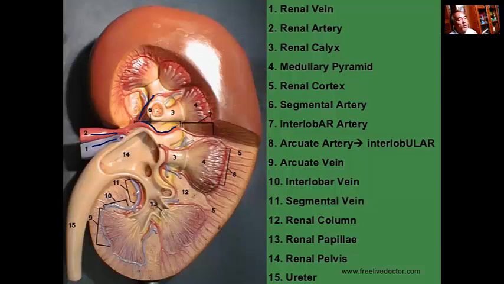Those branches are the segmental arteries. Then from there, it becomes the interlobar artery. Interlobar vessels are located in between the pyramids, called the columns. These are your columns.